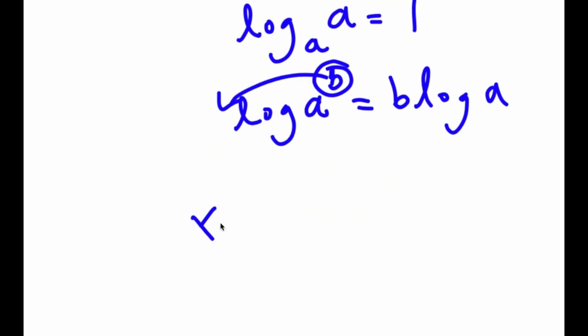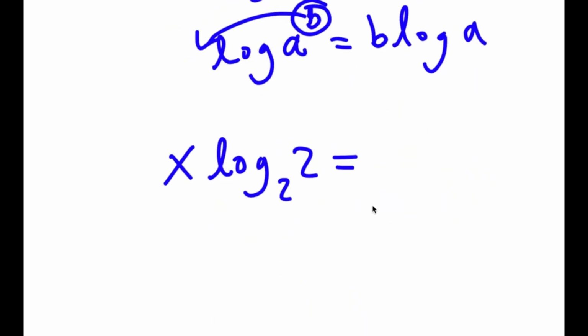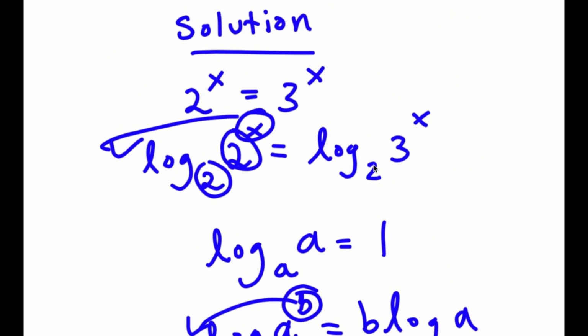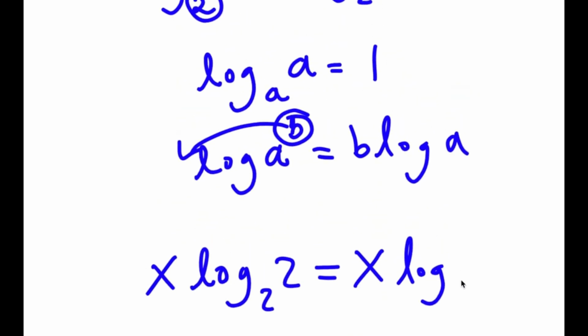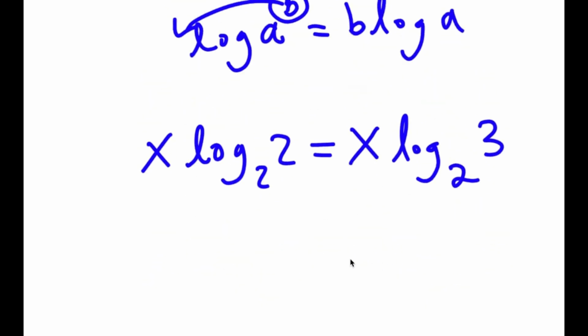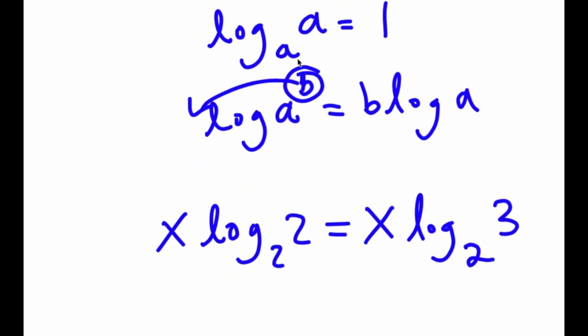So now I have x times log base 2 of 2 is equal to, I'm going to do the same thing over here, log base 2 of 3 to the power of x. I can move x to the front here. So now this is equal to x times log base 2 of 3. Now remember, if I have something in the form log base a of a, this is equal to 1.